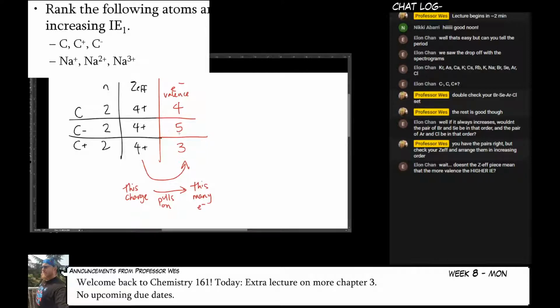But it's going to pull 5 electrons less effectively. So these electrons must be further away than these electrons. And as a result, the ionization energy for the case with 5 electrons will be lower than that for the case with 4 electrons. Because it's easier for us to take away an electron when the electrons are further away.